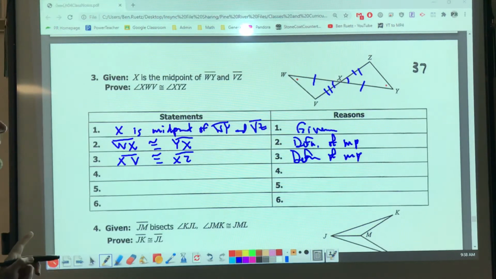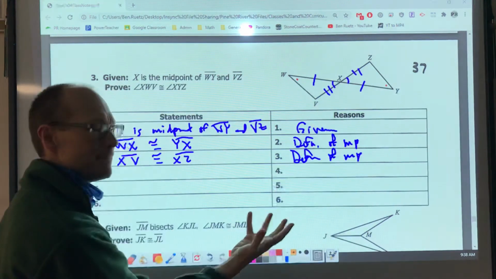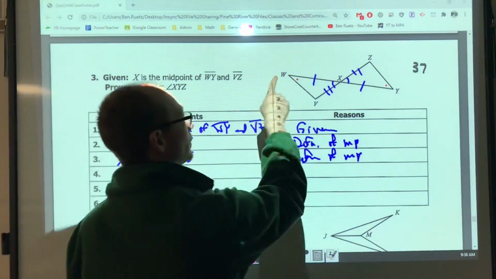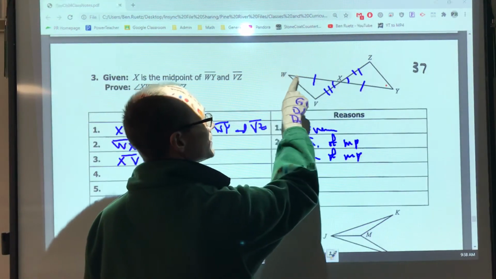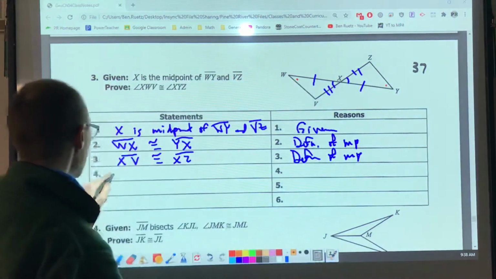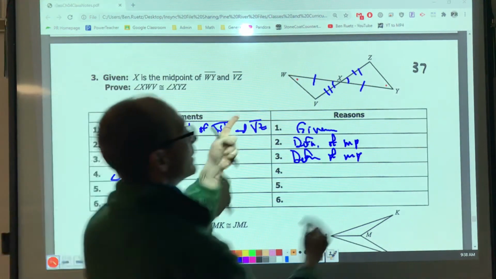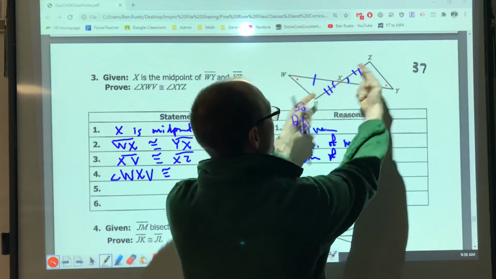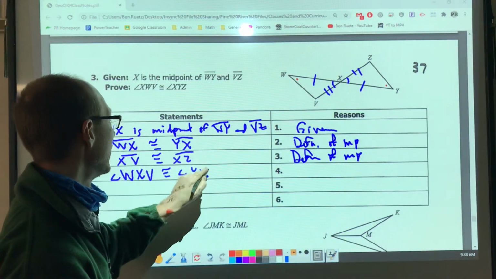And now, isn't it true that angle X here equals angle X here? But I've got to label them better than that. So I need to now figure out how to write these. I think what I'm going to do is go from W to X to V along the single congruency mark to the double congruency mark. So angle WXV is congruent to angle YXZ.